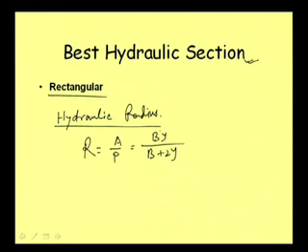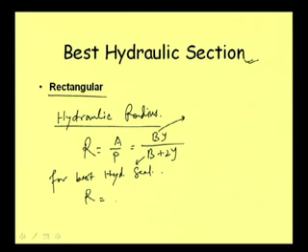But for the best hydraulic section, we have R equal to, in place of B, twice y, because B is equal to twice y. So, we can write B into y, that is twice y square, divided by twice y plus twice y, which is 4y.